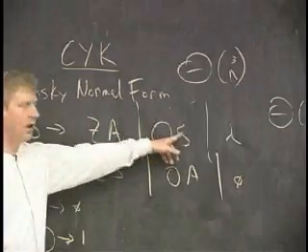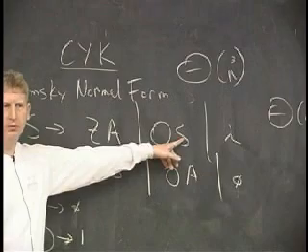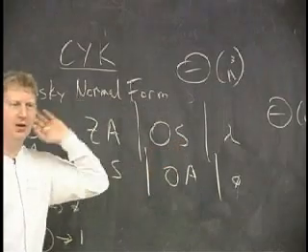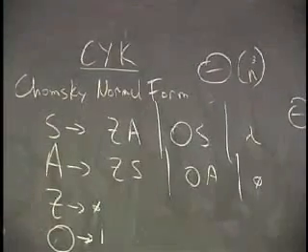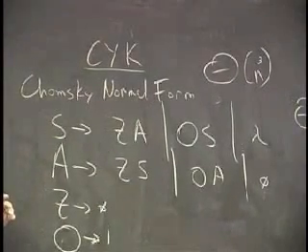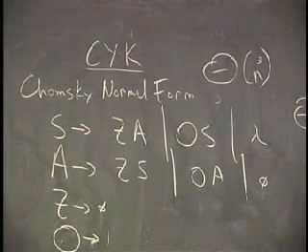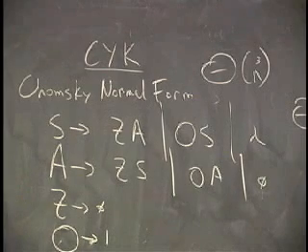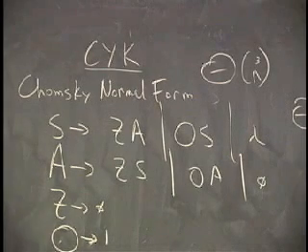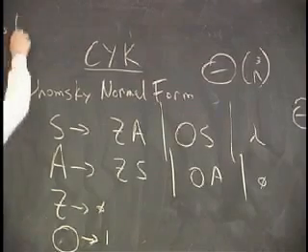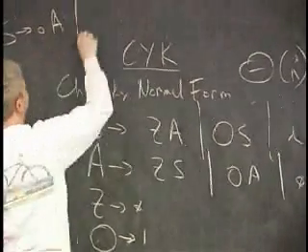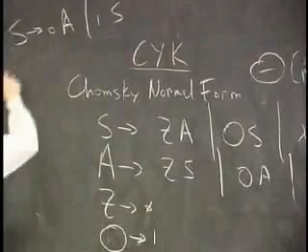Or it can start with a 1 and go back to S. Unless I made a mistake, I don't think it generates all binary strings. Let's look. Even numbers. Either a 0A or a 1S.